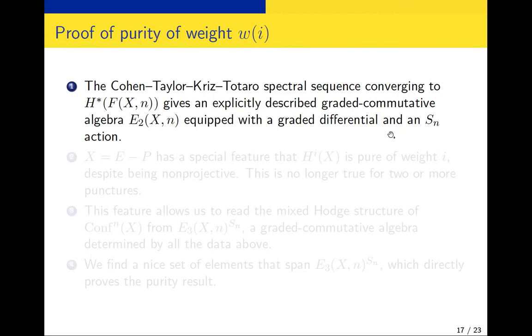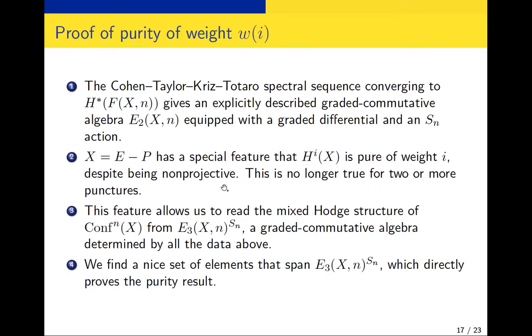The graded differential means a differential that satisfies the graded Leibniz rule. The punctured torus has a special feature that the cohomology is pure of weight i, just like projective varieties, even though X itself is not projective. And we remark that this is no longer true for two or more punctures.